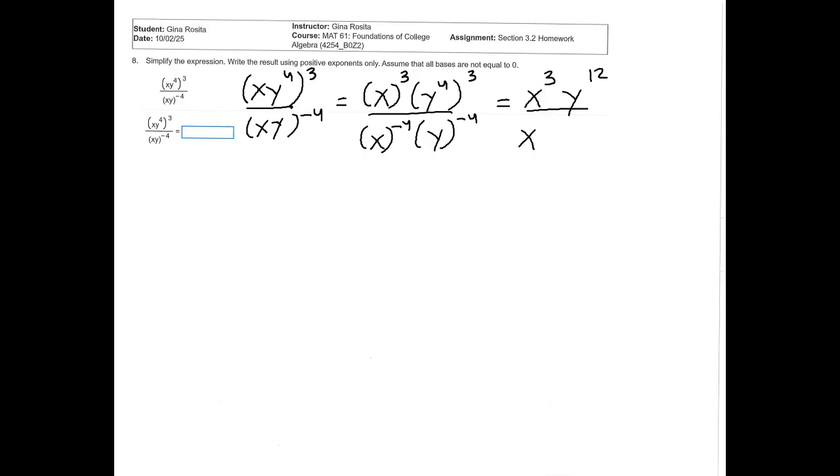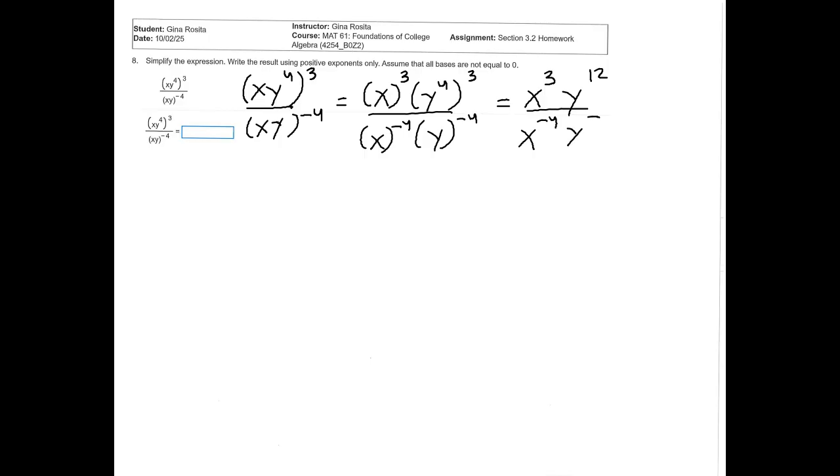Now you can do x, the power is 3, y to the 4, the power is 3, over x, the power is negative 4, y is negative 4. Now it's time to multiply the exponents. There's x cubed times y, 4 times 3 is 12, over x to the negative 4, y to the negative 4.